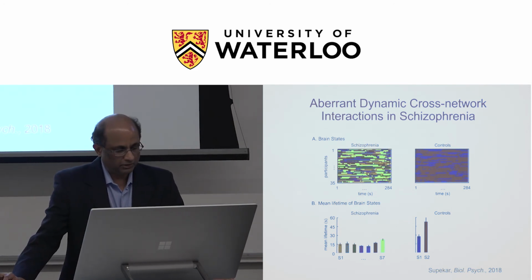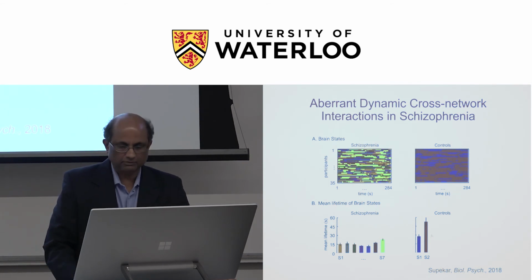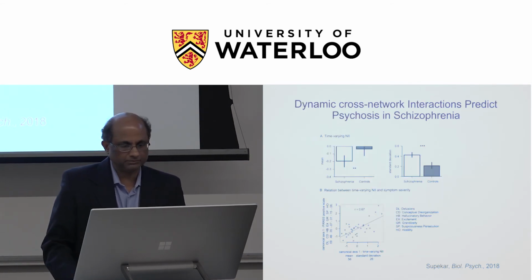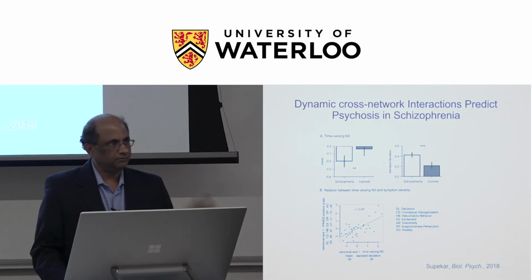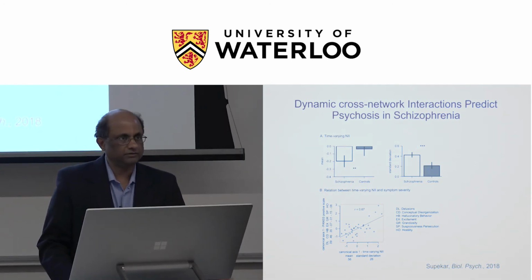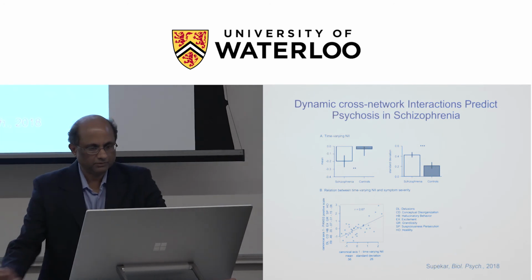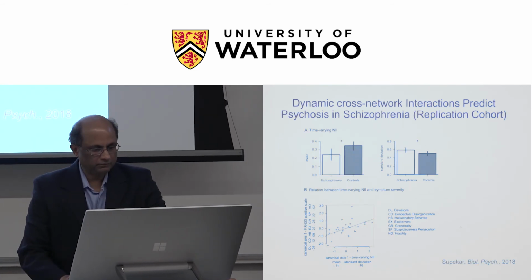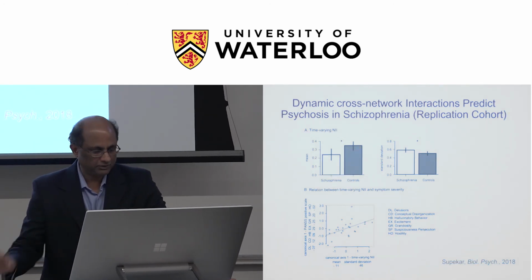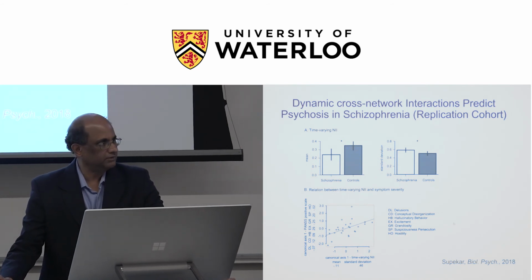Low mean lifetime states were spread out across multiple states, fewer states in typically developing children. And then you see this same profile, that variability in network interactions related to clinical features, in this case, the positive symptoms. And this is also replicated in a second cohort, which we got from an NIH-funded study.